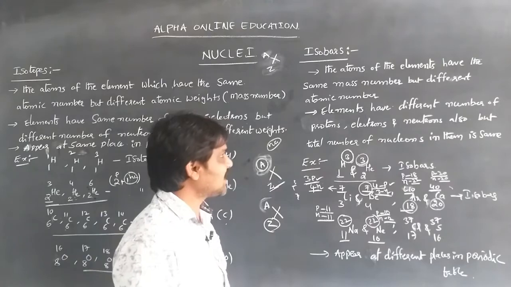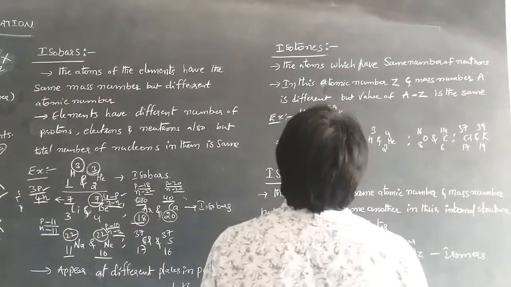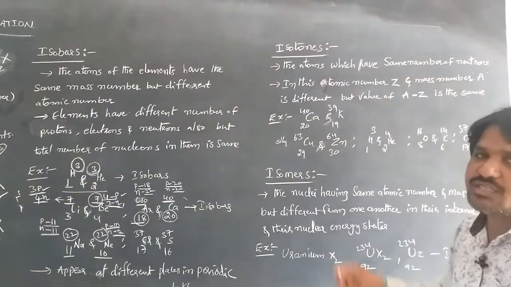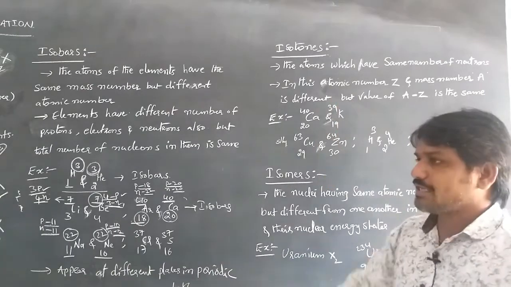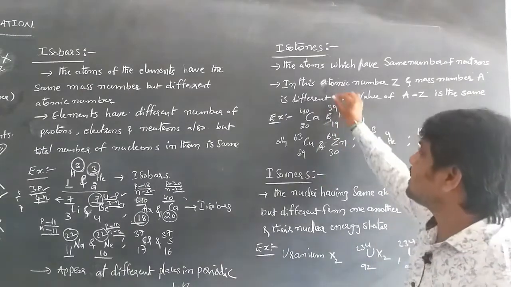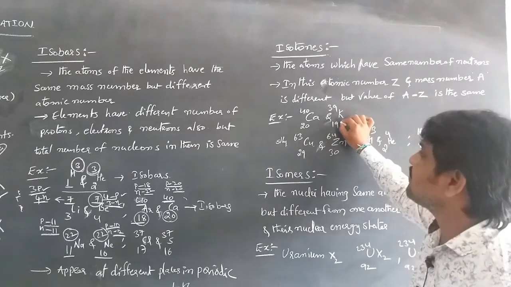The next one is isotones. Isotones means elements having the same number of neutrons present inside the nuclei. Here, the atoms calcium and potassium both have the same number of neutrons.